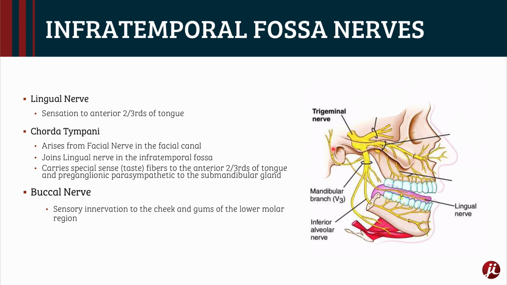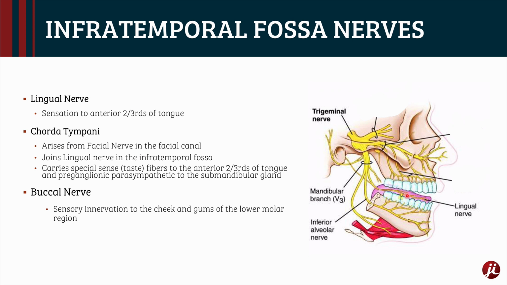And the facial nerve sends both parasympathetic fibers and special sense fibers, taste, through the chorda tympani to join up with the lingual nerve, where it hitches a ride on the lingual nerve and gets its fibers carried to its effector organ. So parasympathetic fibers to the submandibular glands run through the chorda tympani, and then special sense fibers or taste fibers run through the chorda tympani to the anterior 2/3 of the tongue.